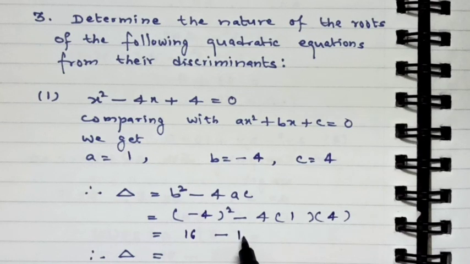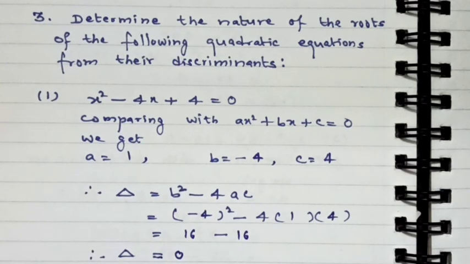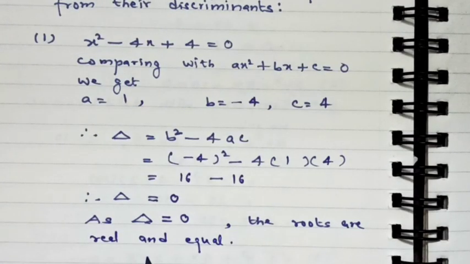Again this is 16. So 16 minus 16 is equal to 0. I told you that when delta is equal to 0, the roots are real and equal. You will write as delta is equal to 0, the roots are real and equal.